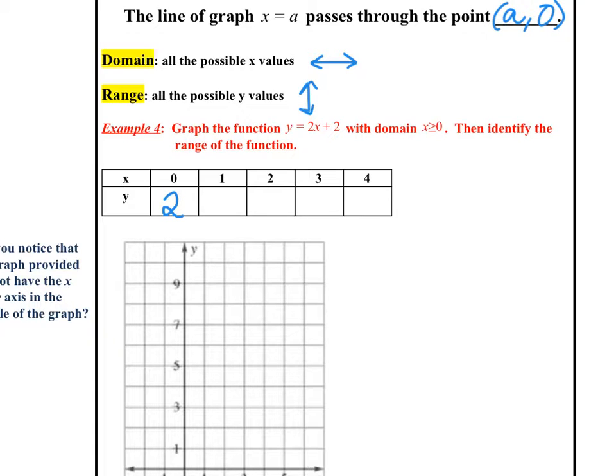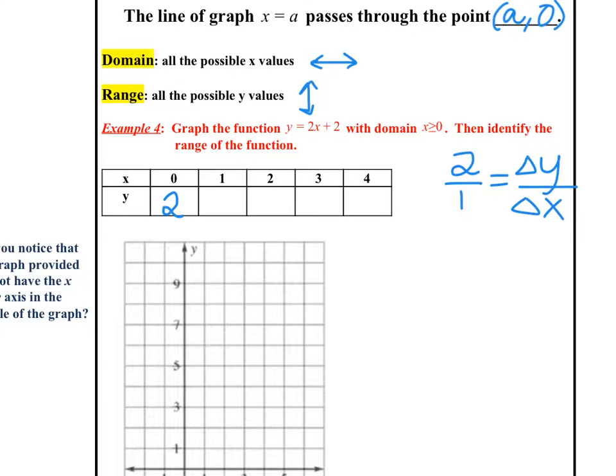What's our slope? 2. So our slope is 2, that means the change in y is 2, and the change in x, you could put it over 1 to make it a fraction, is 1. So every time x goes up by 1, y goes up by 2.